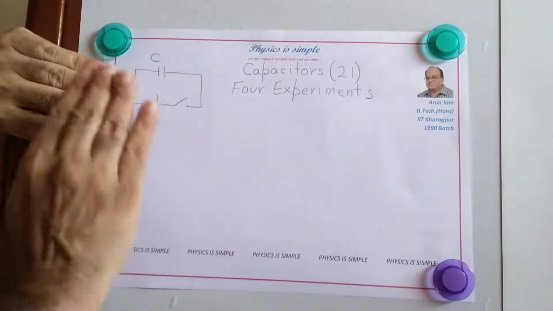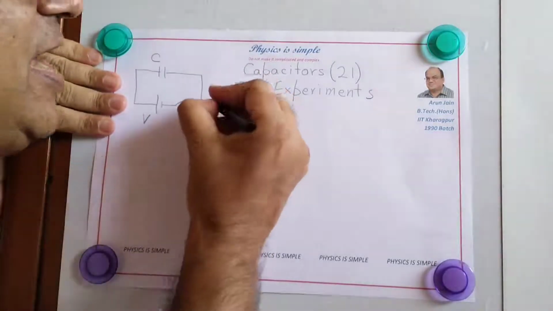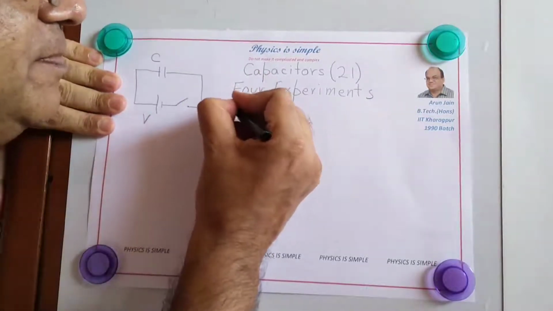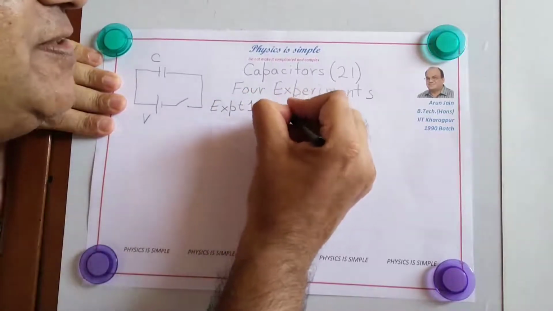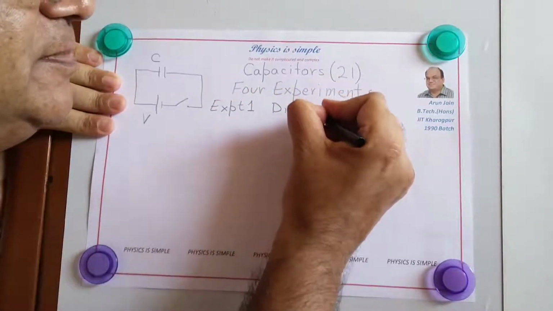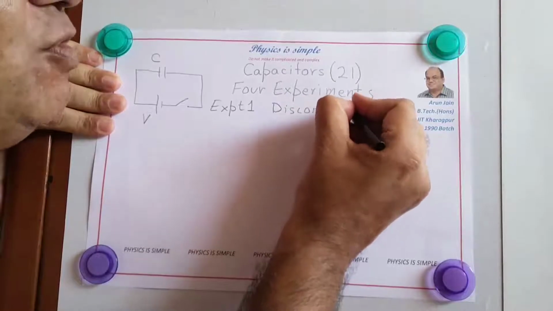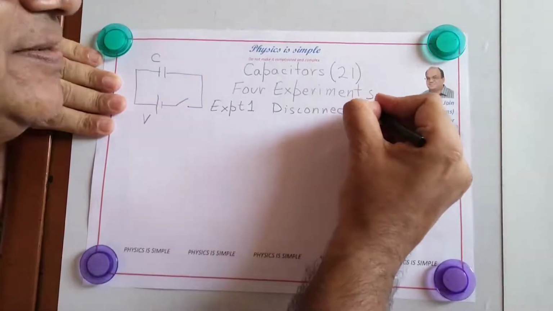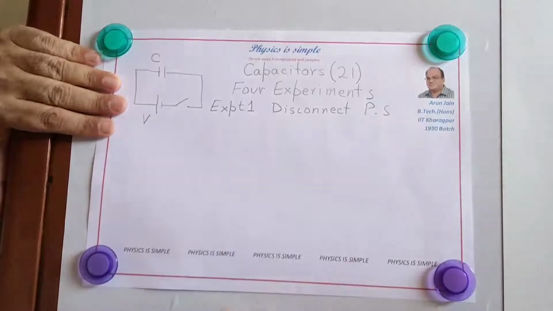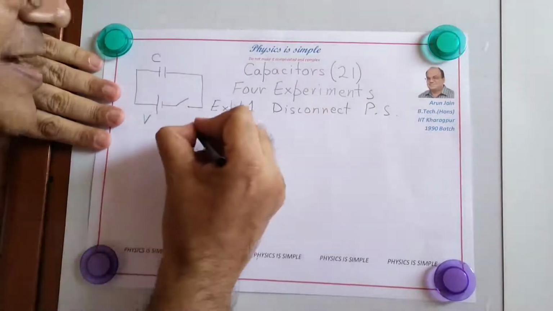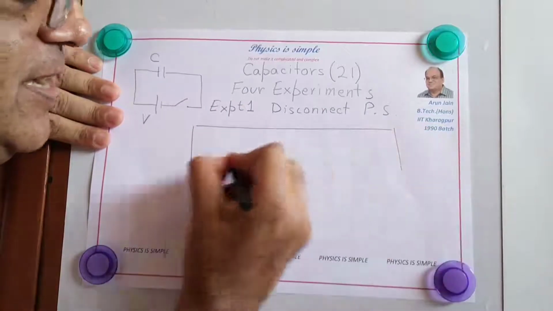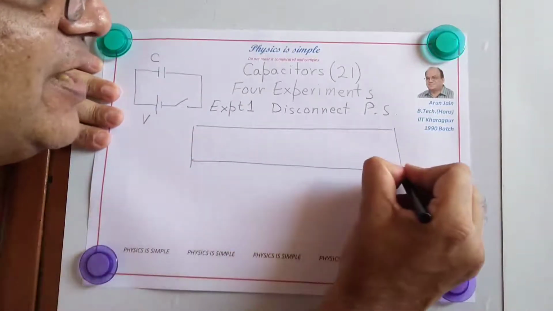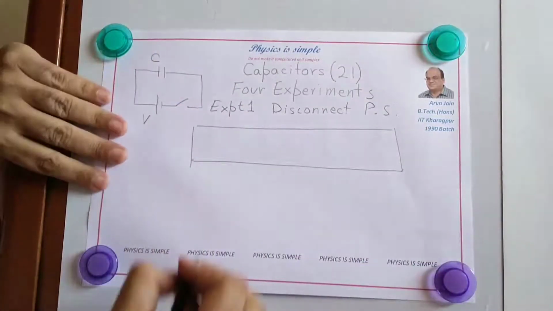Now, after charging the capacitor, in experiment 1, we disconnect power supply. So the battery is removed, disconnected. Once the battery is disconnected, charge is trapped. It cannot run away anywhere. So charge will remain constant.